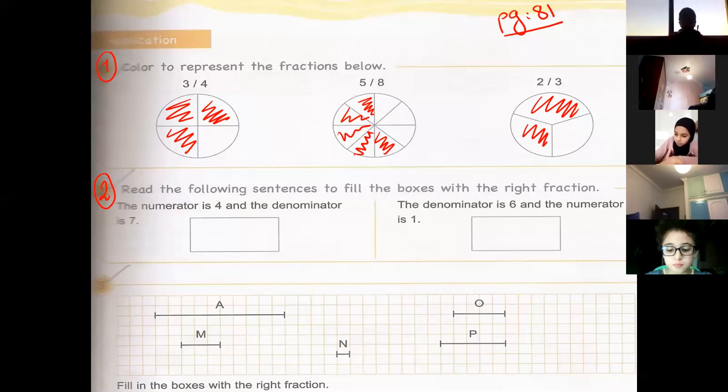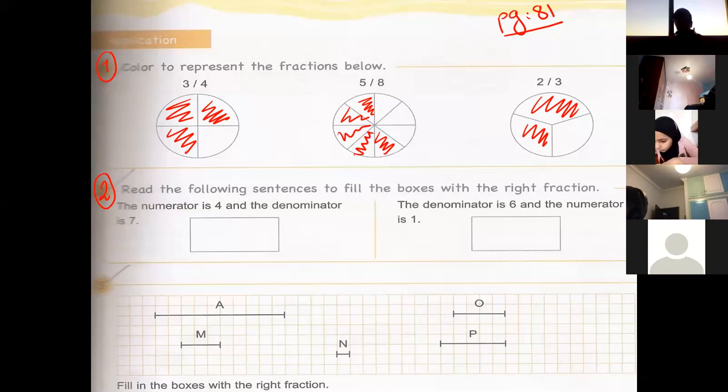Done. For the exercise we use a ruler. The last one, no, we will write just a fraction. We will not draw. Inside these 2 boxes, we will write a fraction. Let's start doing exercise 2.